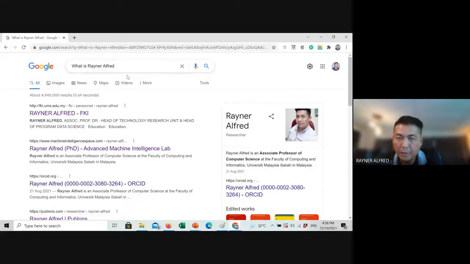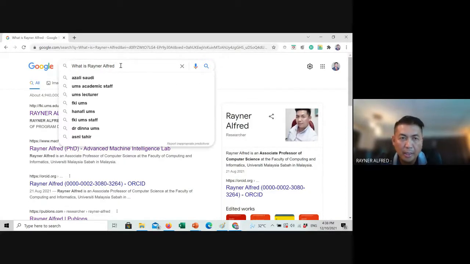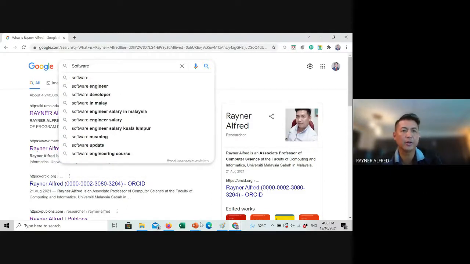For your information also, when you type a query here, for example software engineering, can you remember this pull down menu? They suggested a few things, like software engineer, software developer, software in Malay. So I print screened this one.